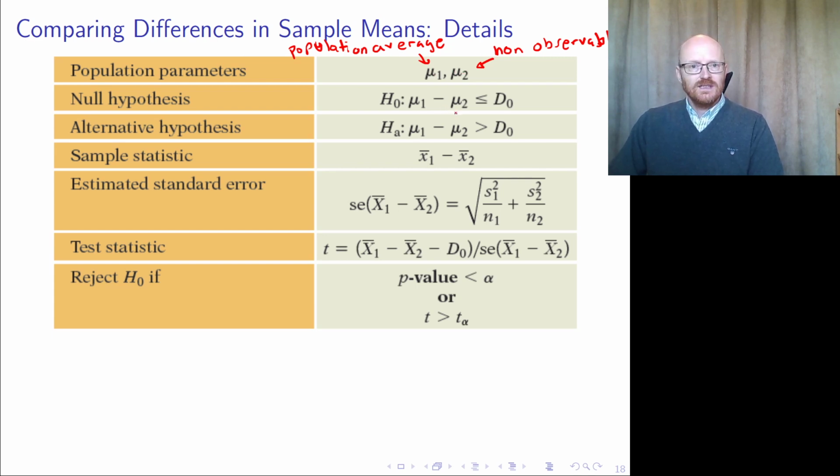And what is your null hypothesis? Well, if this is true, or if this is not rejected, then you do nothing. You do nothing if the difference between group 1 and group 2 is less than or equal to a certain cutoff value.